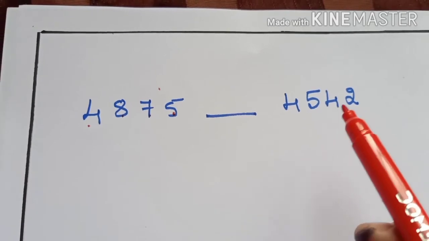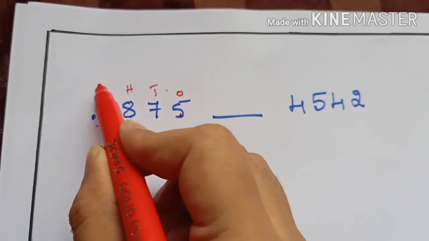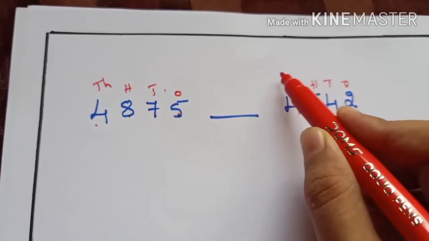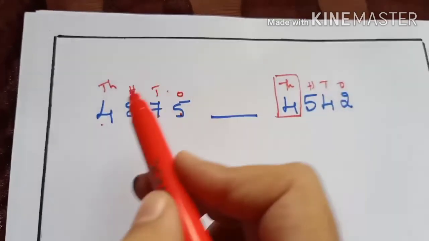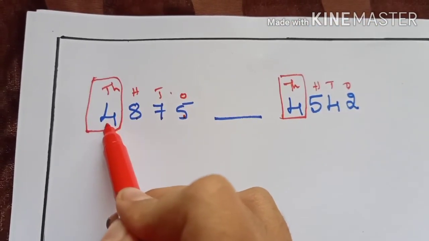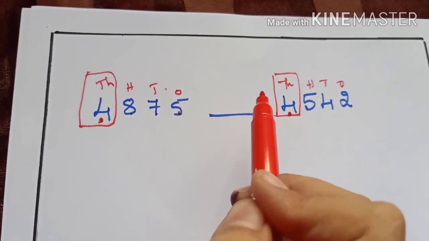Further, the place values are ones, tens, hundreds and thousands. If you consider the highest place value, here also the numbers are same. Here it is 4 and here also it is 4.